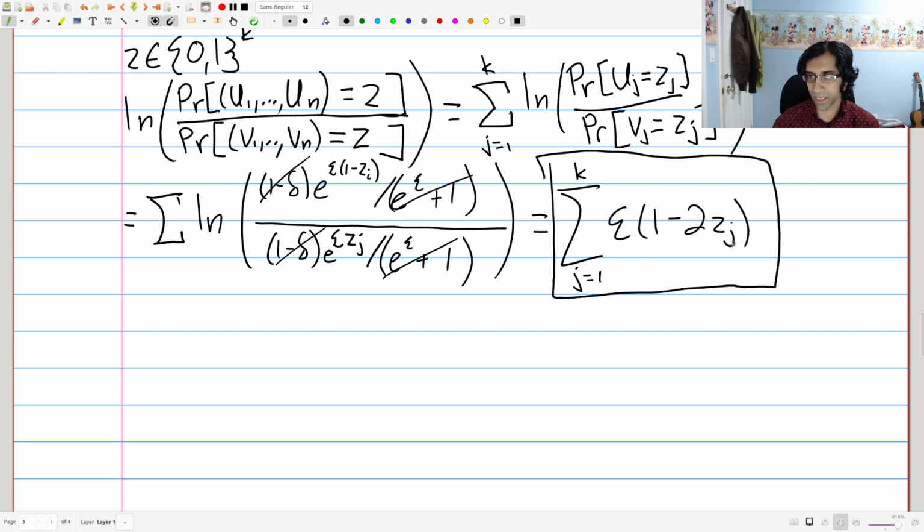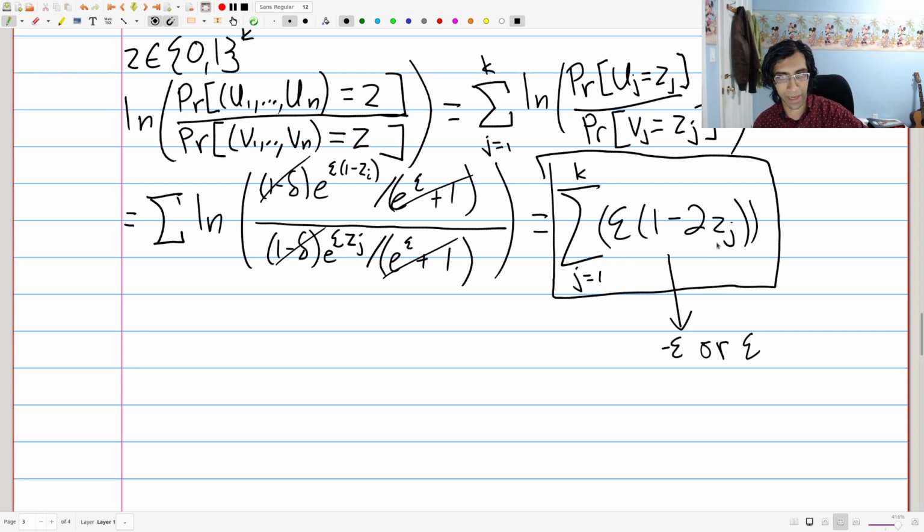Suppose zj is equal to 0, then each term in the summation will take either the value minus epsilon in the case when zj is equal to 1, or epsilon in the case when zj is equal to 0. So all this is to say that it's just going to be a sum of bounded random variables which are all independent. Those are all key terms which are very useful.